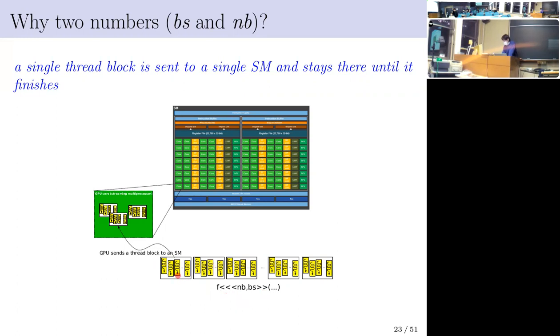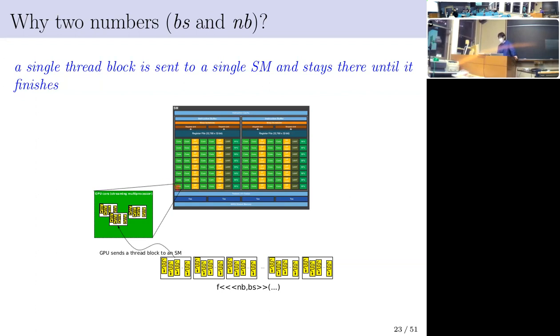You launch NB thread blocks, each having BS CUDA threads. And this is an illustration of a single GPU device. Each green box represents a streaming multiprocessor, just like a physical core of a CPU.